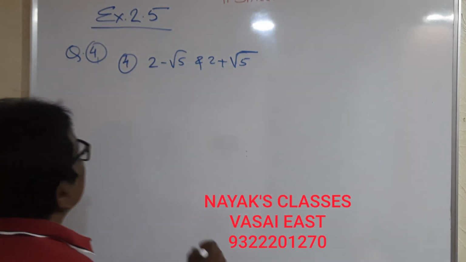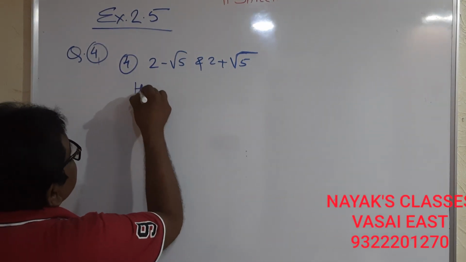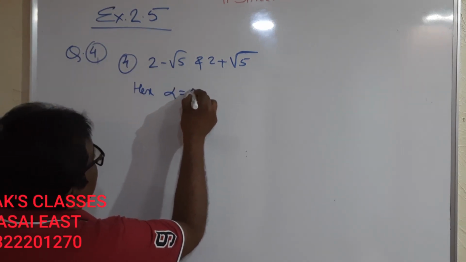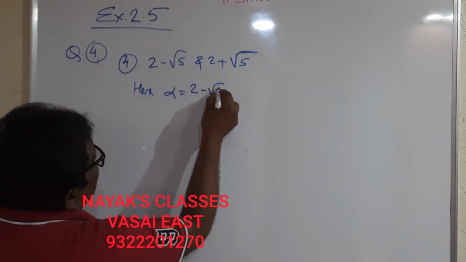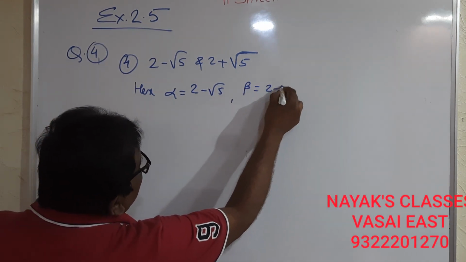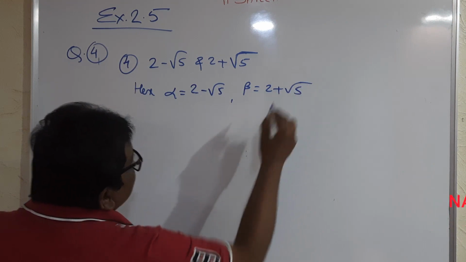So here alpha is equal to 2 minus root 5 and beta is equal to 2 plus root 5.